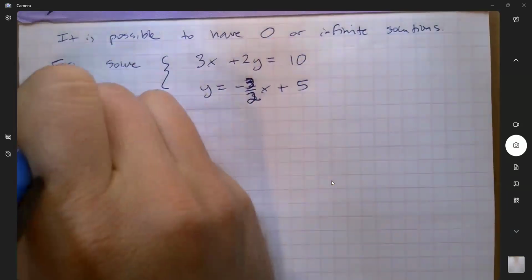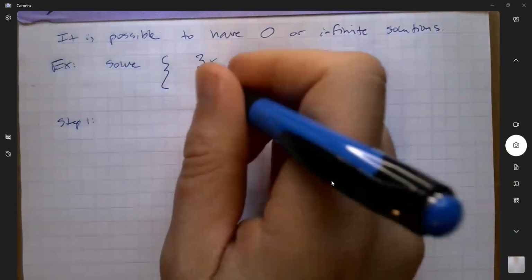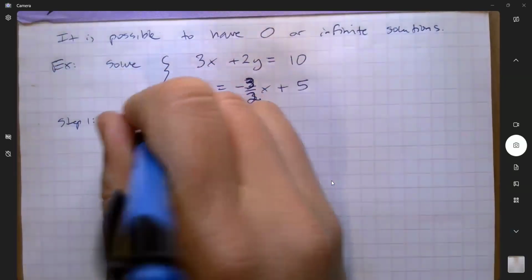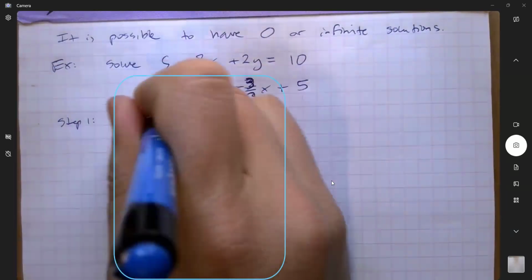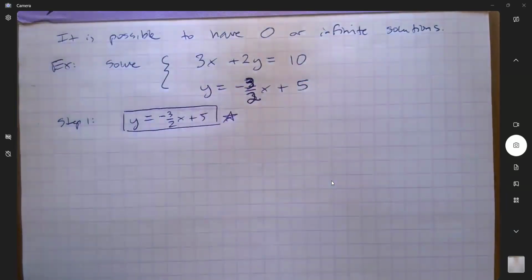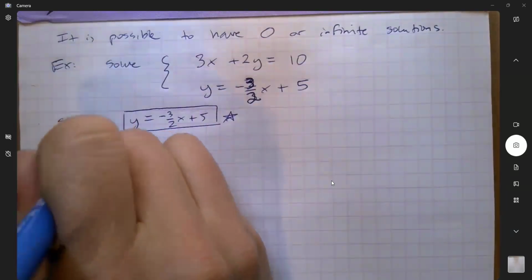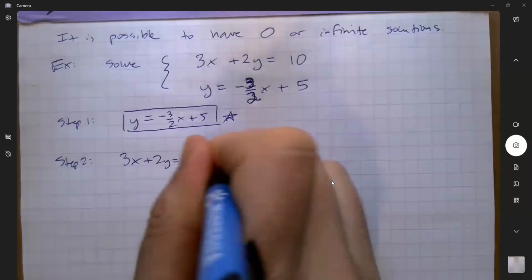So step 1, find an equation that's easy to solve for y. Well, we've got one. It's already solved for y, so that's going to be my starred equation. And step 2, we're going to substitute it into my other original equation.